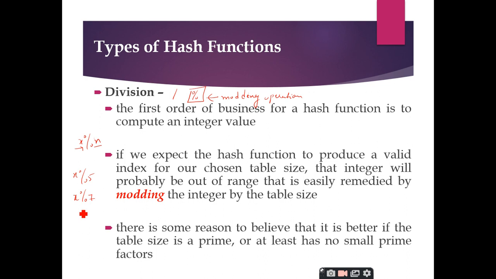So x modulo 7 is also a valid hash function. Here you can observe that I am using an operation called modulo division. So this is called the division method for hash functions. Is it clear?